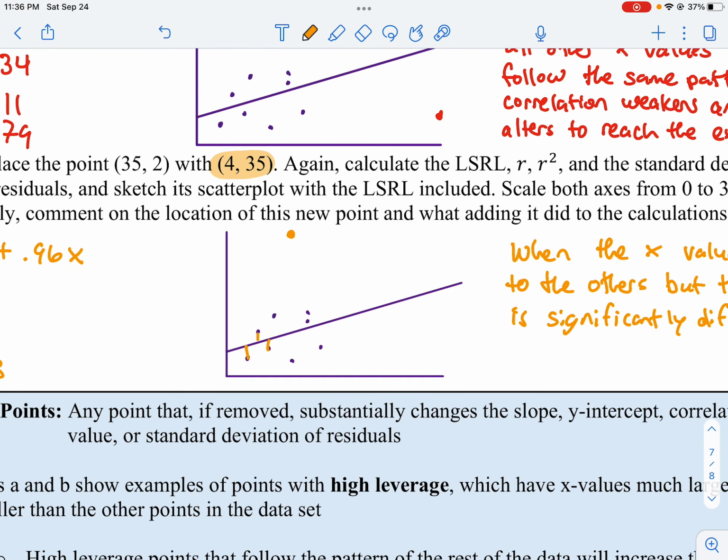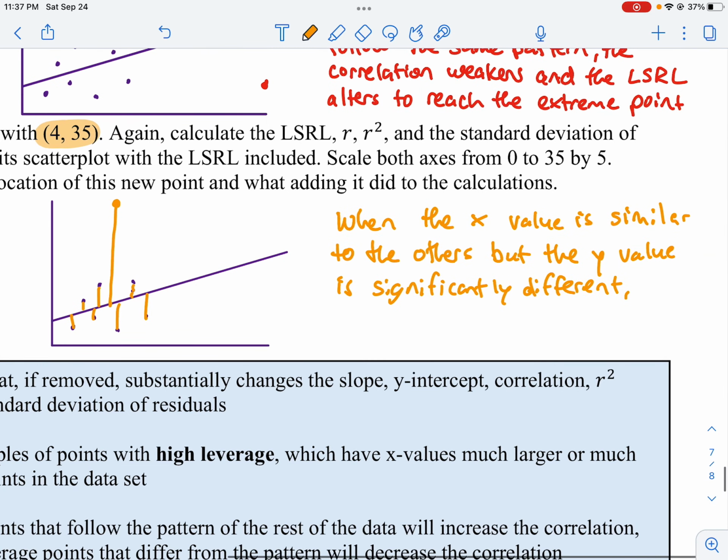Because if you think about our residuals, it's here, here, here, here, here, here. But then now we've just added this one really large one. So when the x value is similar to the others, but the y value is significantly different, the standard deviation of the residuals is greatly increased.